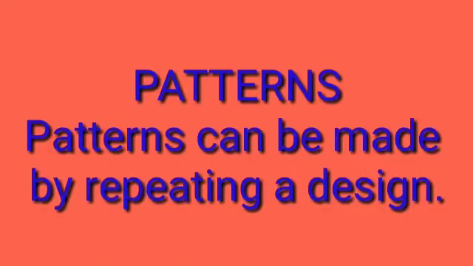If a special design is repeating by turning its position or by changing its direction, clockwise or anti-clockwise, we will get some patterns. So patterns can be made by repeating a design. I told you, by repeated designs we can make a pattern.